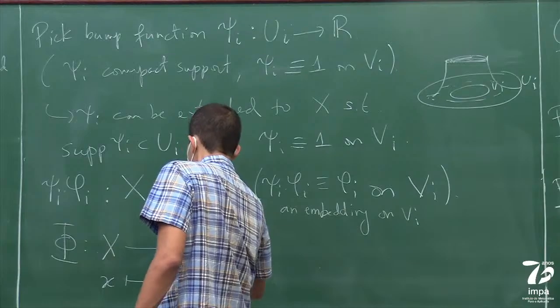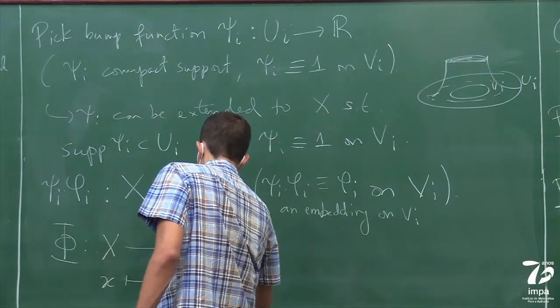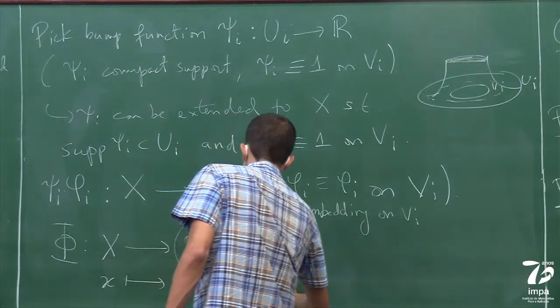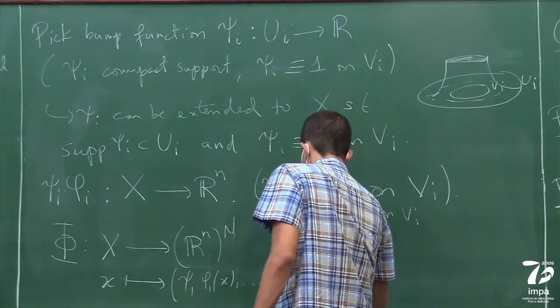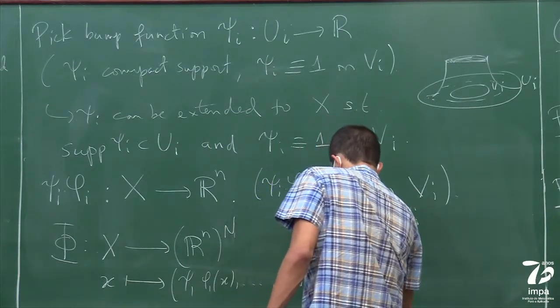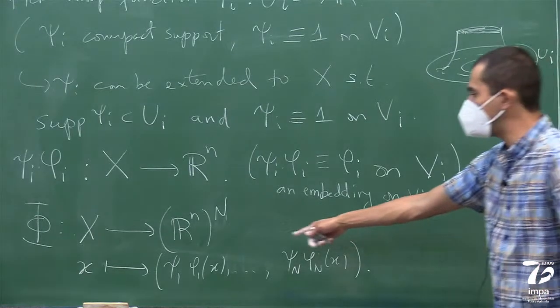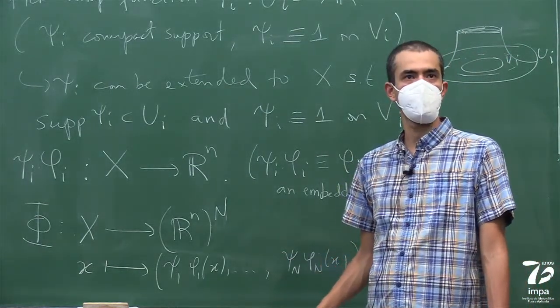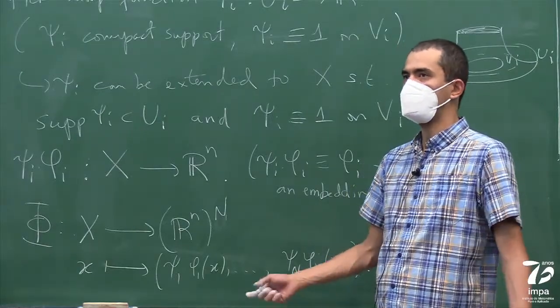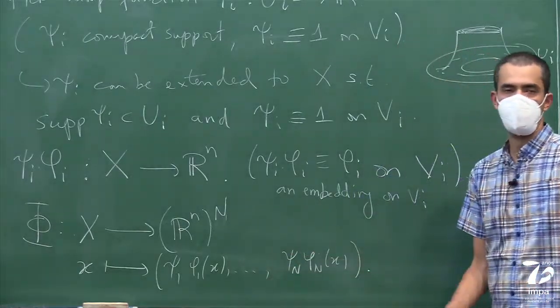So this is psi 1, phi 1 of X, up to psi n, phi n of X. And the point is, because the VIs are a covering of X, every point has an open neighborhood which is in one of the VIs. So for one of these coordinates, you have a local embedding. You have to check, but it's not very hard to see that this map is an embedding.